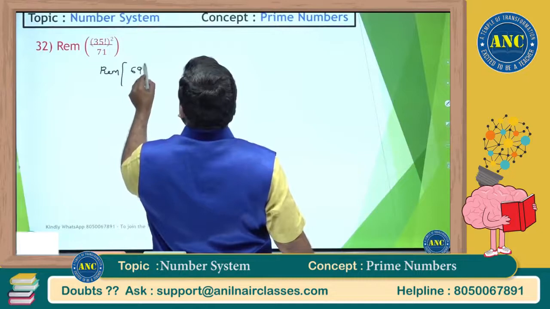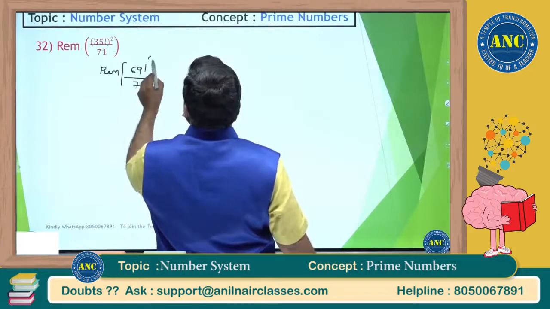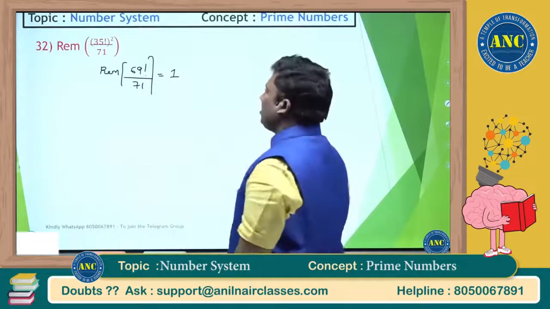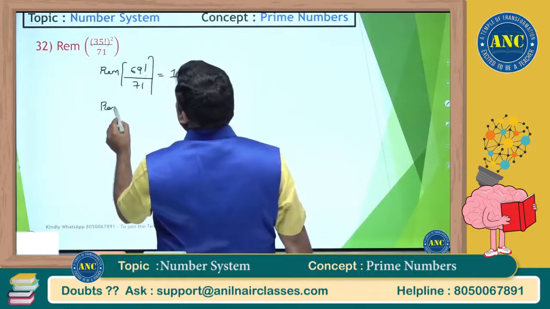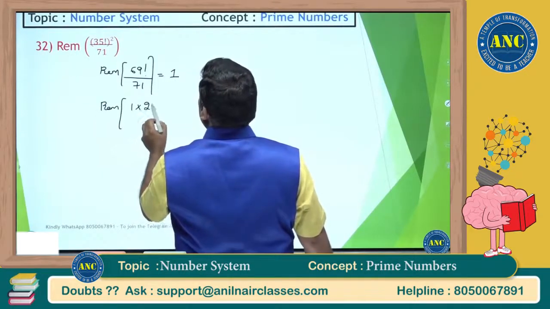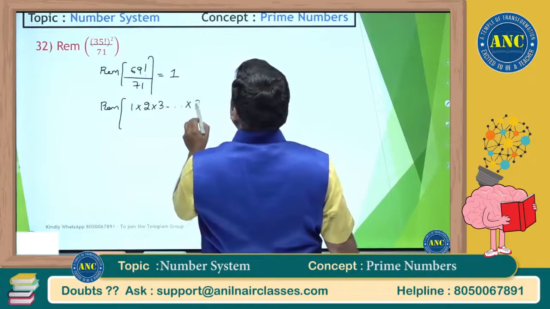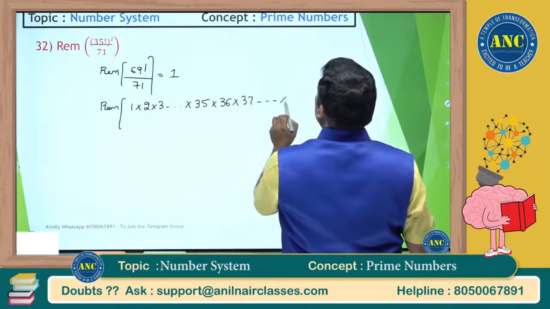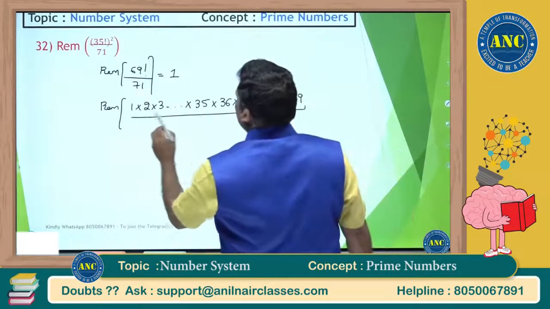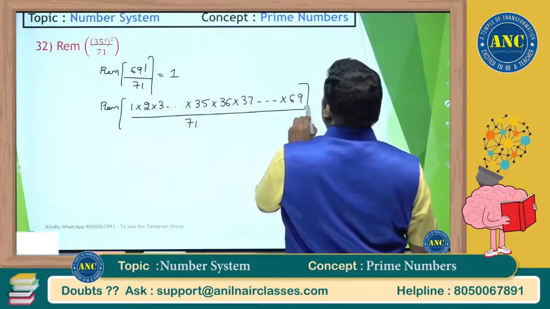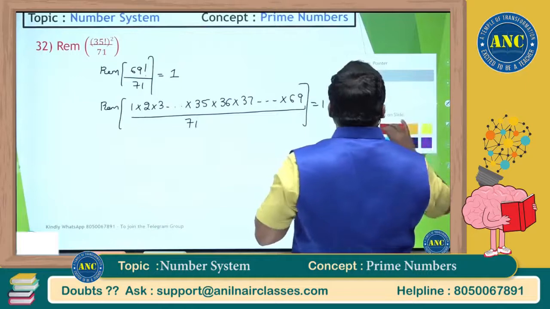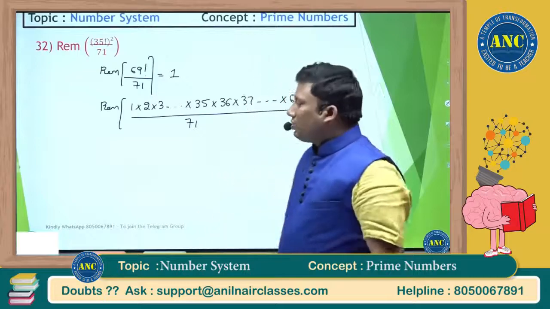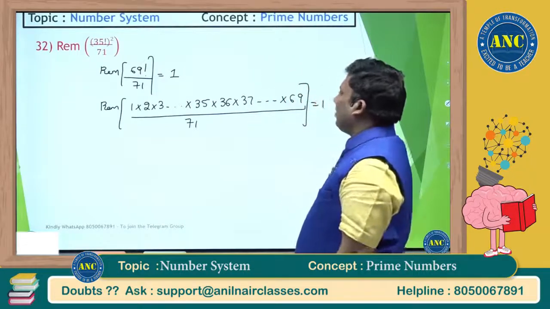So if I use p minus 2 factorial, 69 factorial by 71, it is 1. 69 factorial can be written as 1 into 2 into 3 till 35, then 36, 37 and so on up to 69, divided by 71. Divided by 71, it is 1.